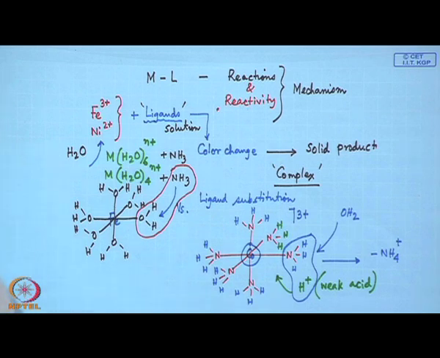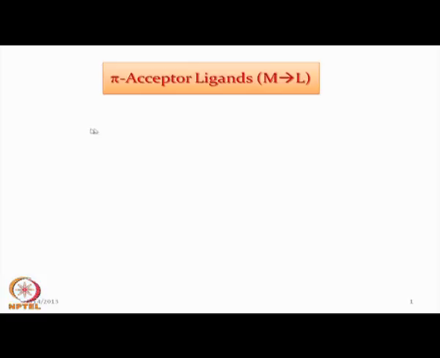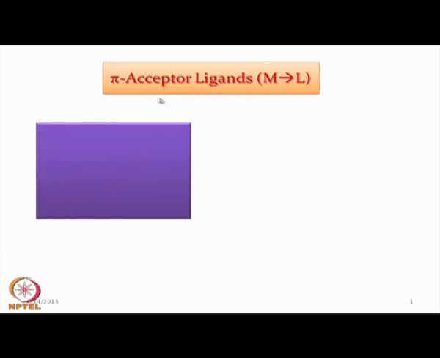So, the remaining part is the nature of these ligands. What we have seen is the pi acceptor ligands, because this particular thing will tell us about the nature of the metal-ligand bonding strength, how strong they are, and how quickly we can remove this ligand from the environment of this particular metal.